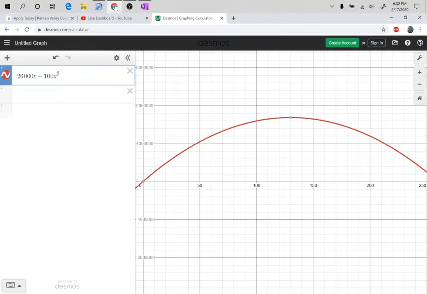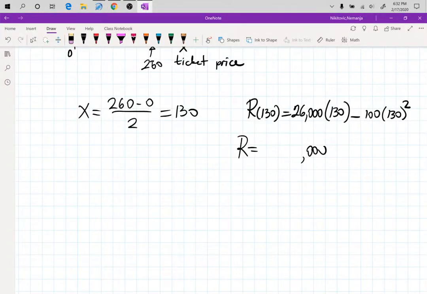Oh, minus. Second entry. I typed plus instead of minus. See, it makes no sense because it's not the same graph. There we go. Fixed. It is $1,690,000 in revenue. So call that 1.7 million.